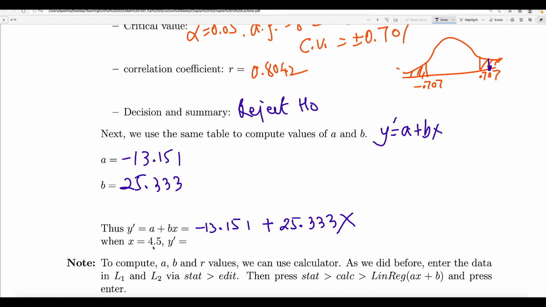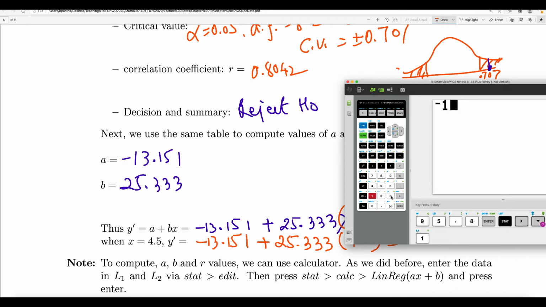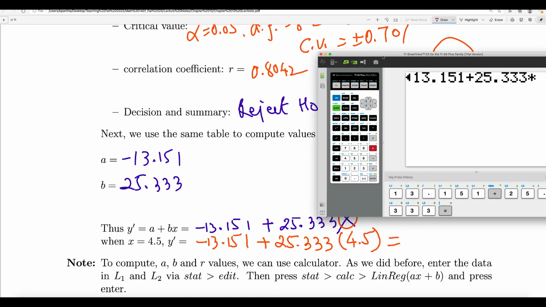If you want to find the value of y prime when x is 4.5, you replace x by 4.5. So what do you get? Negative 13.151 plus 25.333 times 4.5. Use a calculator for that.